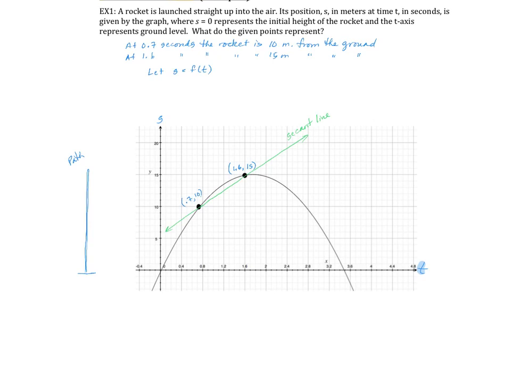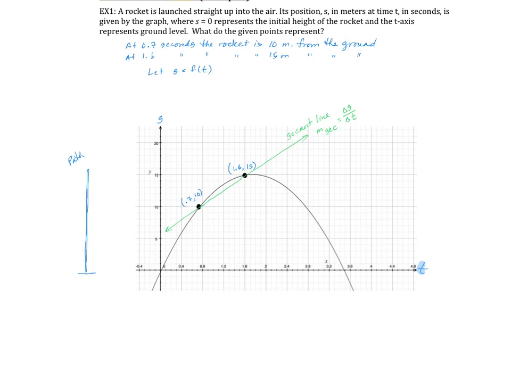The slope of this secant line, I'm going to write m secant for slope, is going to be the change in the y values, which are s in our case, over the change in t values, and that's going to be our average velocity.